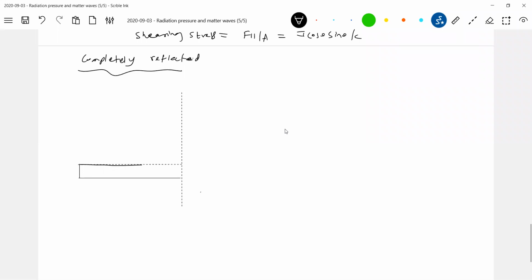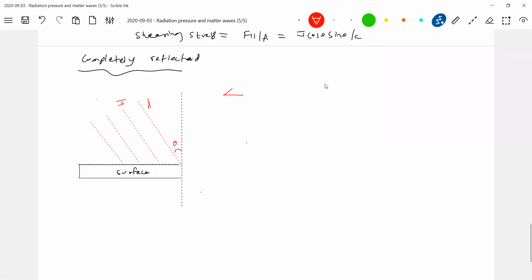So there's a surface, there's an incident beam, there's a lambda, there's the intensity of the beam.